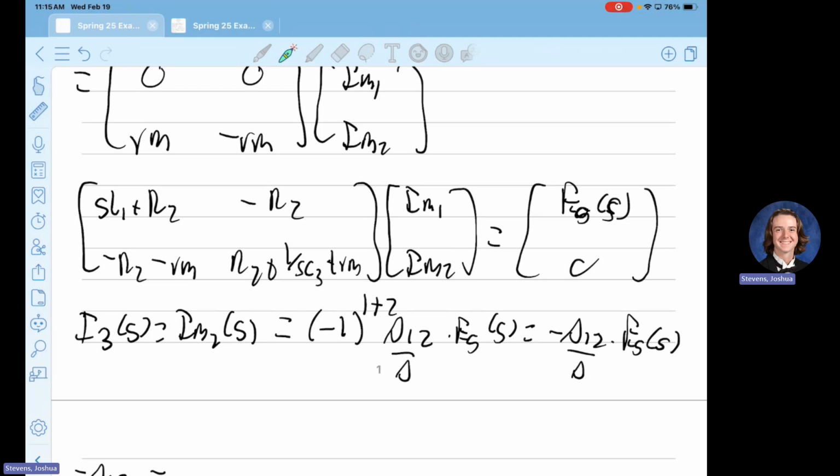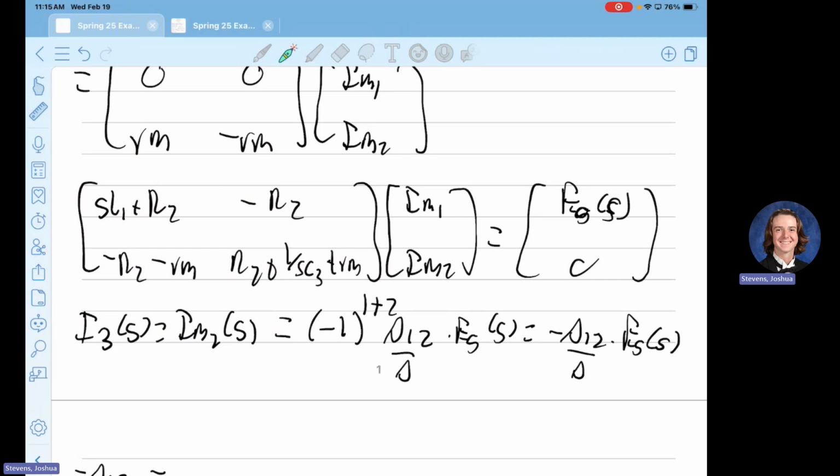So we have delta 1,2. We cross out the first row and the second column, and whatever is left is your delta 1,2. If it was delta 1,1, first row, first column, that's what we have to do. If it was delta 2,2, boom, boom, that's what we got. So since we have delta 1,2, first row, second column, that's what we use.